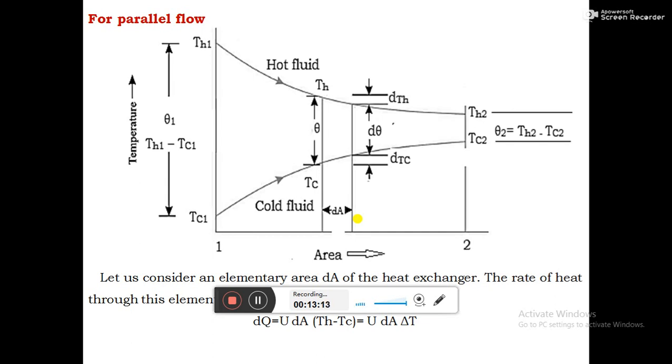Here also, as the hot fluid releases heat and the cold fluid absorbs heat, the temperature of the hot and cold fluid continuously varies due to the heat transfer between the two fluids. Here we are going to assume that, although the temperature varies, the specific heats of both the fluids remain constant. This is the second assumption that we are going to make.